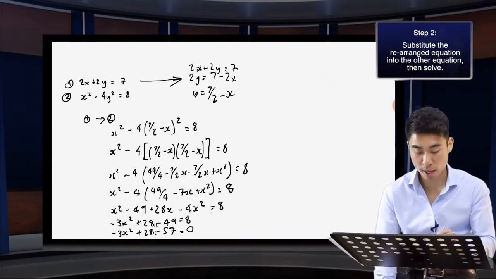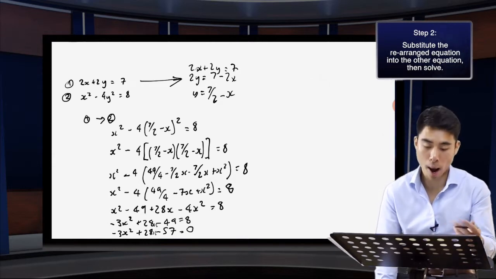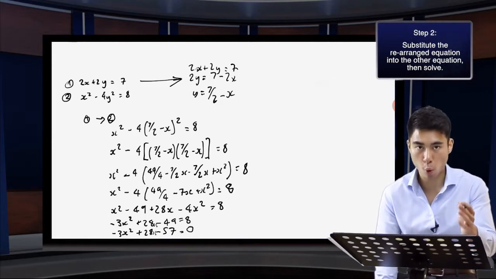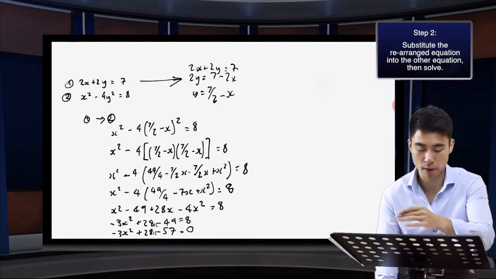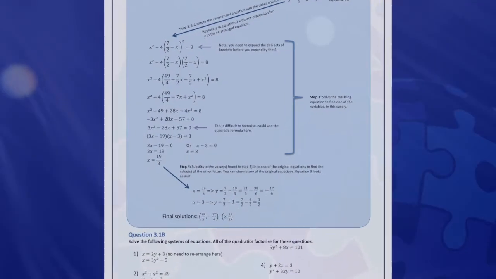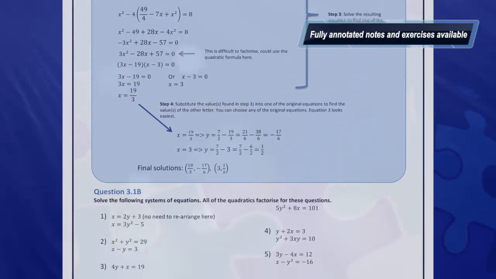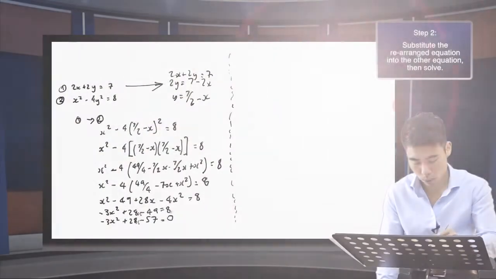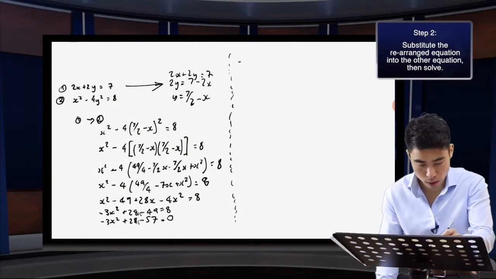When you're solving quadratic equations, you need to get the equation into the form such that you have all of your terms over one side of the equation, i.e. one side of the equation needs to equal 0, and that allows you to factorise. Coming up here now, I'm just going to rearrange this one here. So we have this.